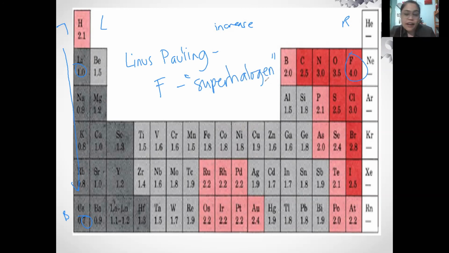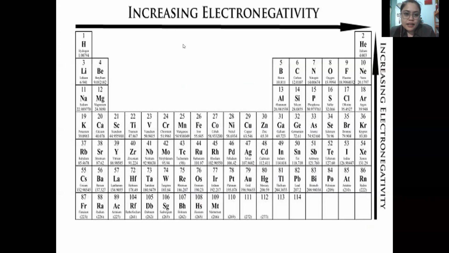Ganun siya ka-reactive. So, kasi mataas masyado yung electronegativity value niya. So nag-a-attract talaga siya ng electrons from other elements. Again, it's called super halogen. Yan. So ito yung trend again. From left to right, nag-i-increase. Pero binaliktad kasi siya. So from bottom to top, dun siya nag-i-increase.